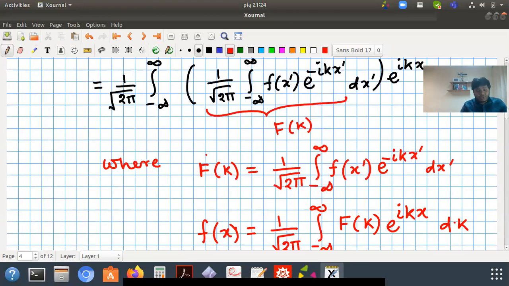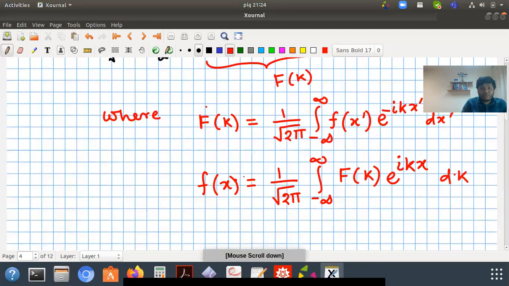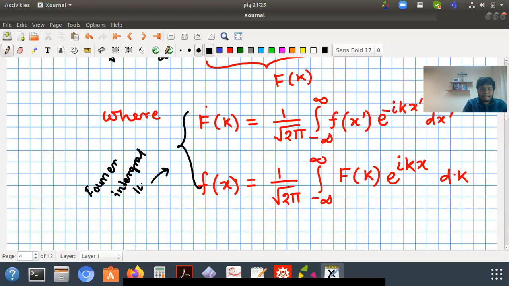Okay, and these two are the very well known Fourier integral theorem. So if someone gives you a function of x, in the position space, you can convert this function from the position space to k space, and you can also use the inversion.